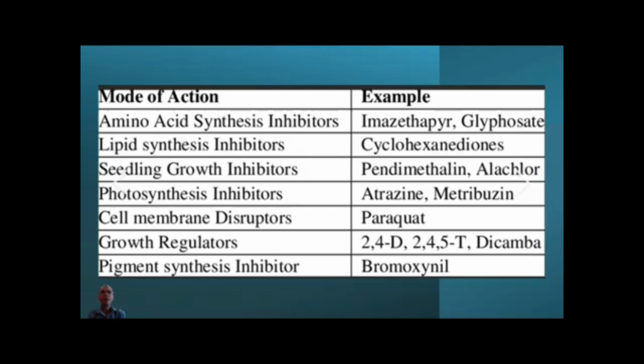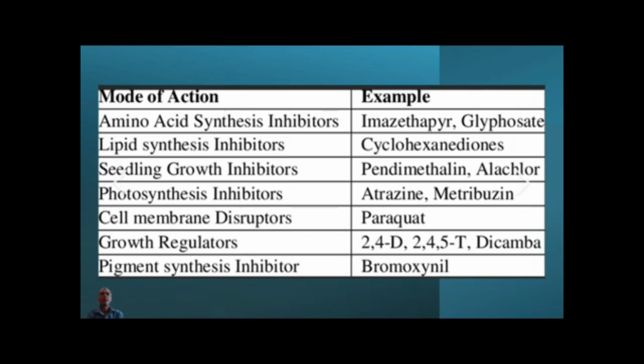An example: amino acid synthesis inhibitors, imazethapyr, glyphosate. Mode of action, lipid synthesis inhibitors, cyclohexanediones. Mode of action, seedling growth inhibitors, pendimethalin, alachlor. Mode of action, photosynthesis inhibitors, atrazine, metribuzin.